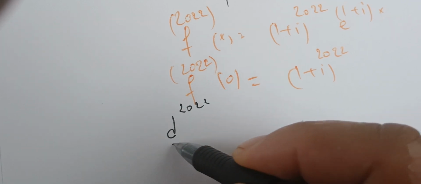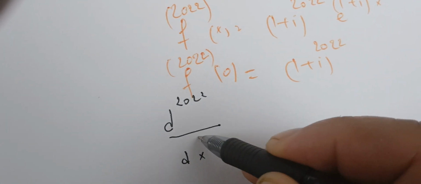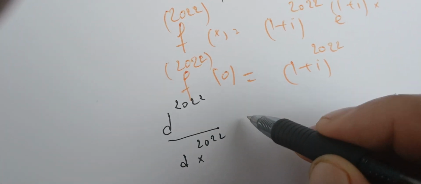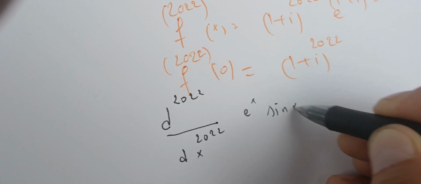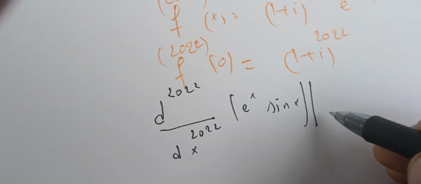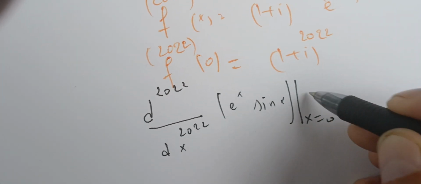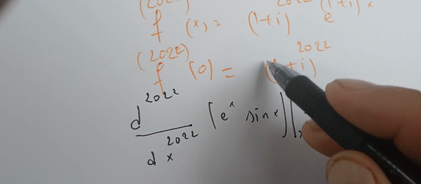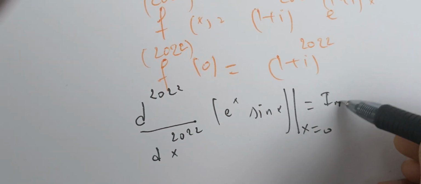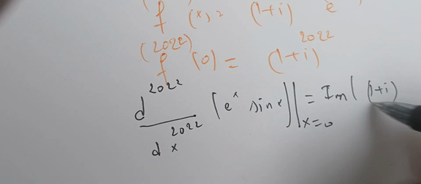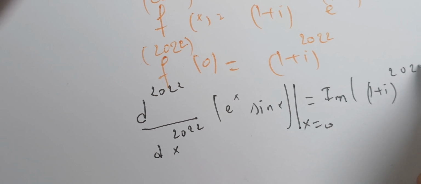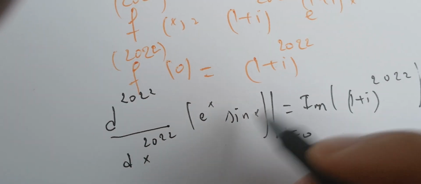So this one is just the derivative of order 2022 with respect to x of e^x sine x, evaluated at 0. So it's the imaginary part of this one. We need the imaginary part of (1 plus i)^2022.